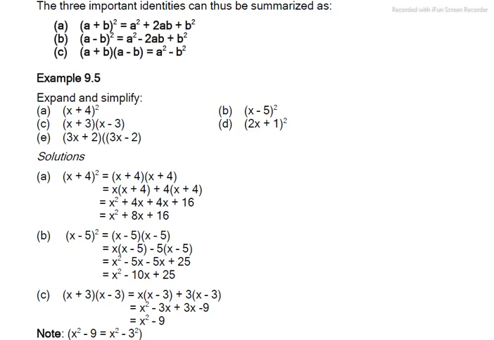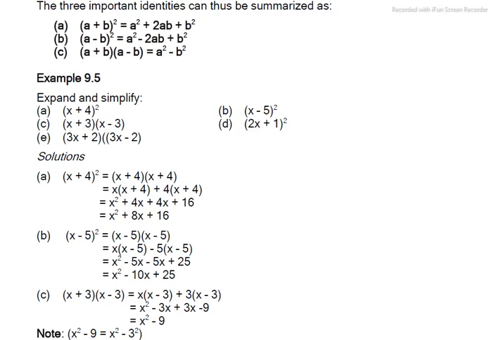If we have, for instance, (a + b) multiplying (a - b), if we try to expand and simplify that, it gives us an answer which is a squared minus b squared. And this is what we call difference of two squares.